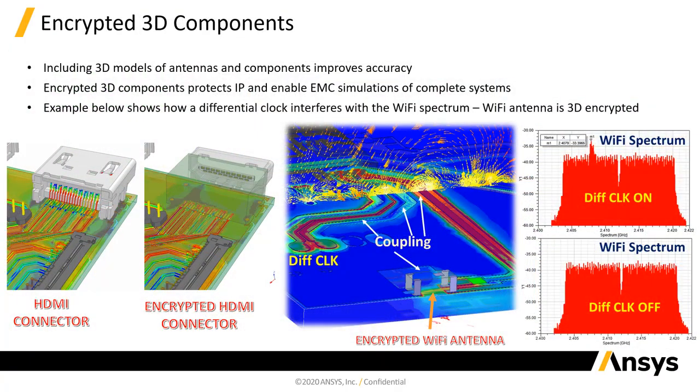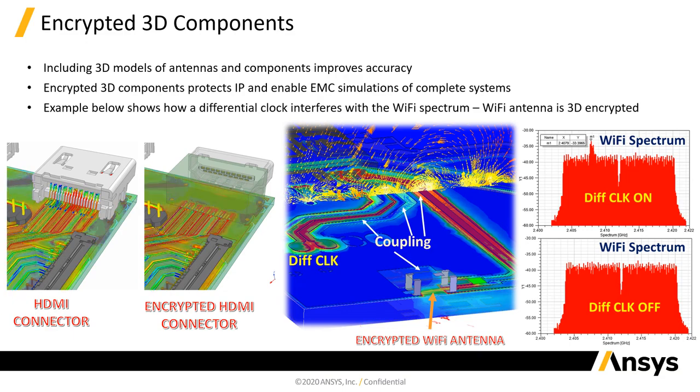We also have encrypted 3D components technology in HFSS, which means that any provider can give you a component for a capacitor, a connector, or an antenna, and they can protect their IP. So here on the left side, we have an HDMI connector, and we see the encrypted HDMI connector. You can actually place that connector on your printed circuit board, but you can't see what's inside.